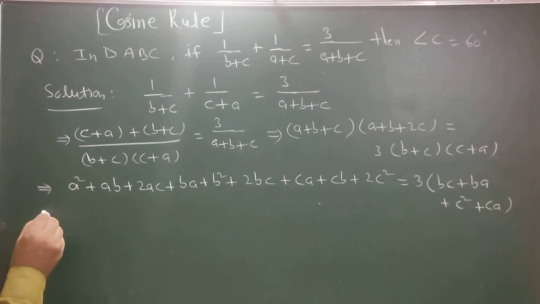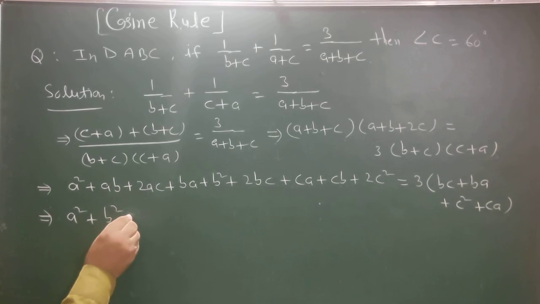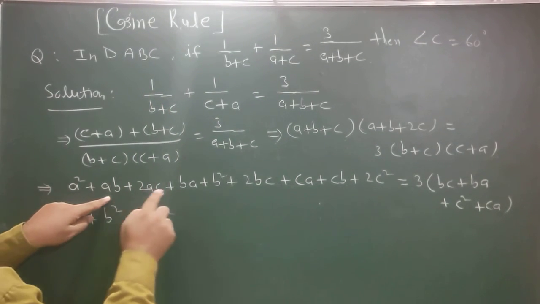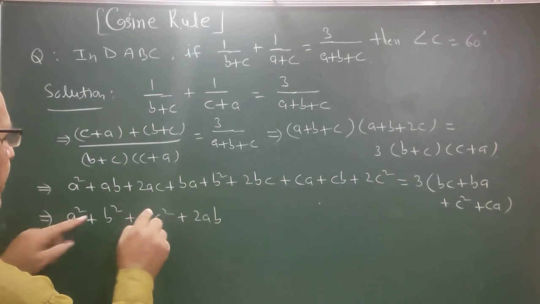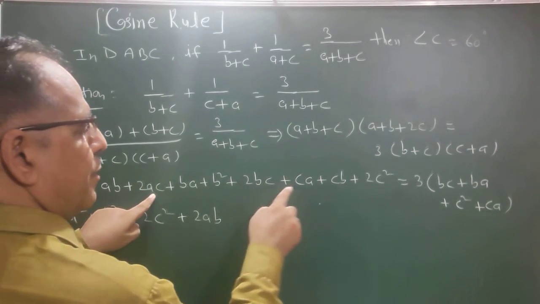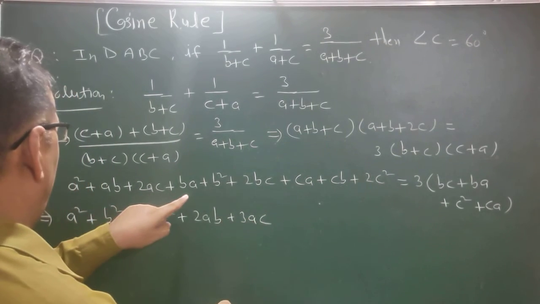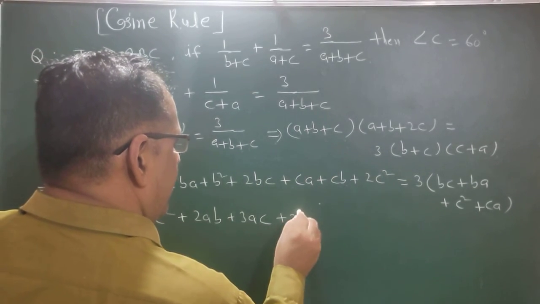Now arranging these terms. So now we have a square plus b square plus 2c square. These are the square terms from the left hand side. And now ab and ab, this becomes 2ab, 2ac plus ac, this becomes 3ac, 2bc plus bc, this becomes 3bc.